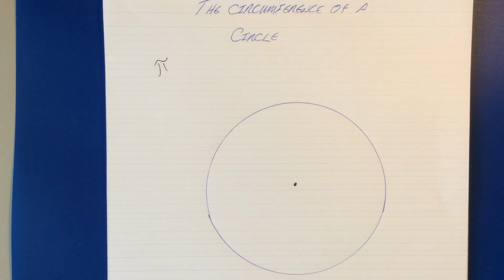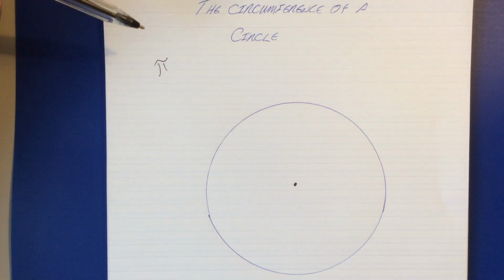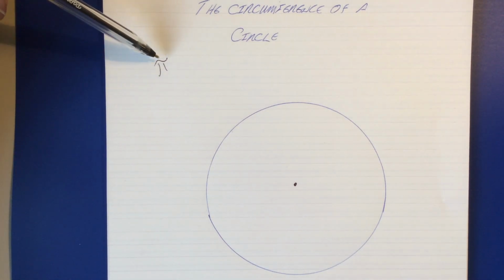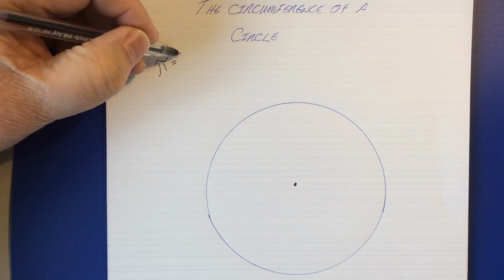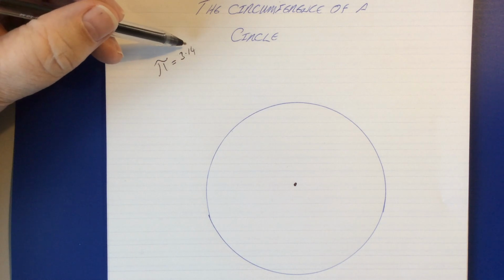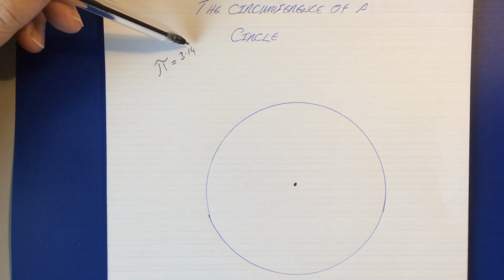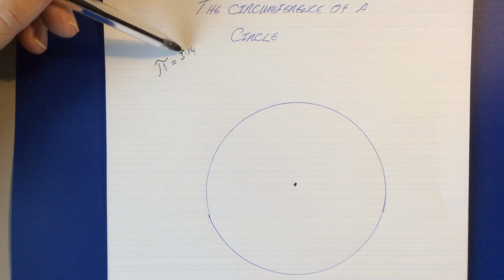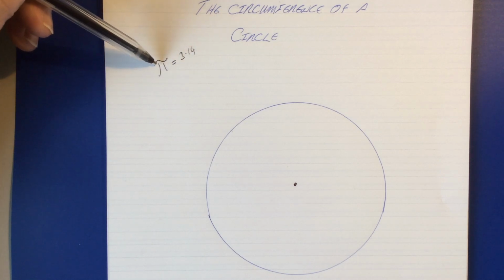Again, when I'm getting into this initially with students, I just say to them, it's just another button on your calculator, and once you learn to use it and get comfortable with it, we'll get into exactly what it is. Anyway, so we need this, which is roughly equal to 3.14, and I say roughly, it's very roughly equal to that. If you're looking for something precise, don't use this. Use this button on your calculator.